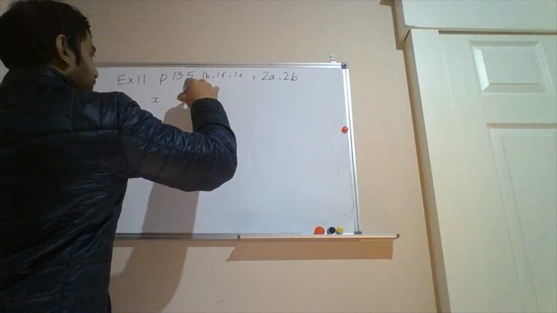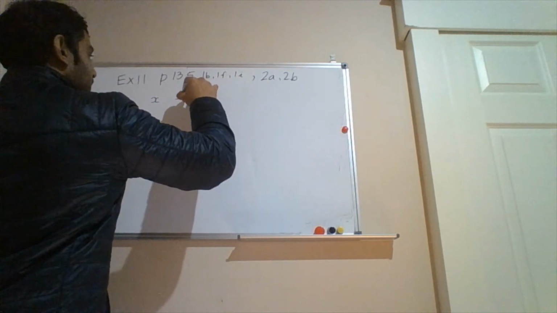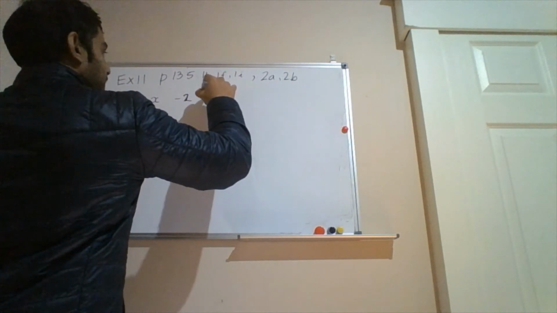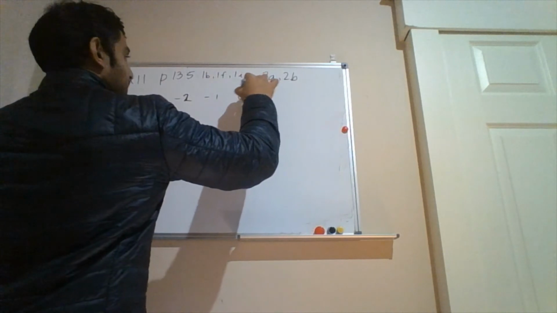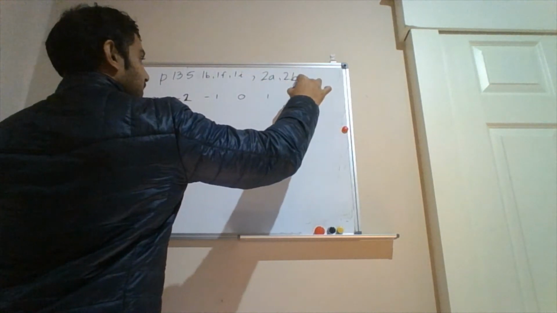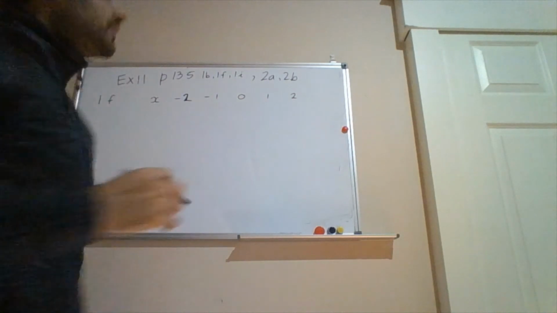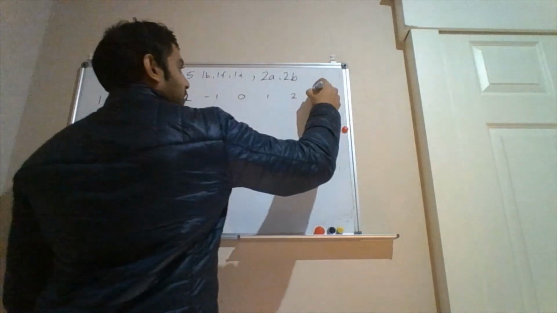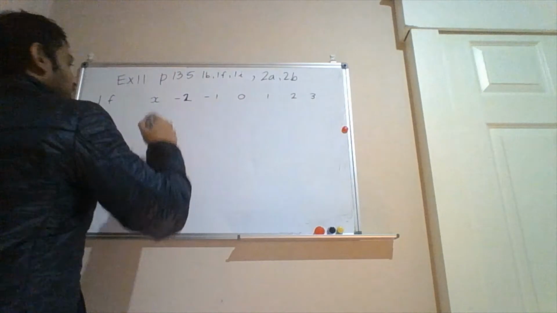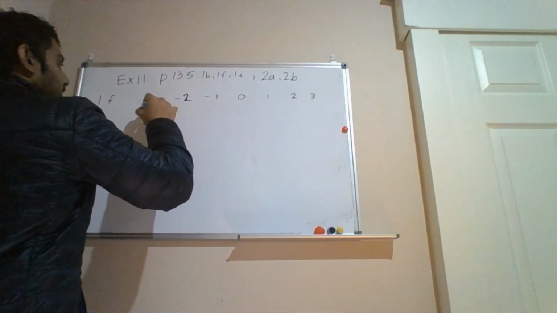So I'm going to start off with -2, -1, 0, 1, 2. Maybe let me include 3 as well. Okay, so we can do it like this.